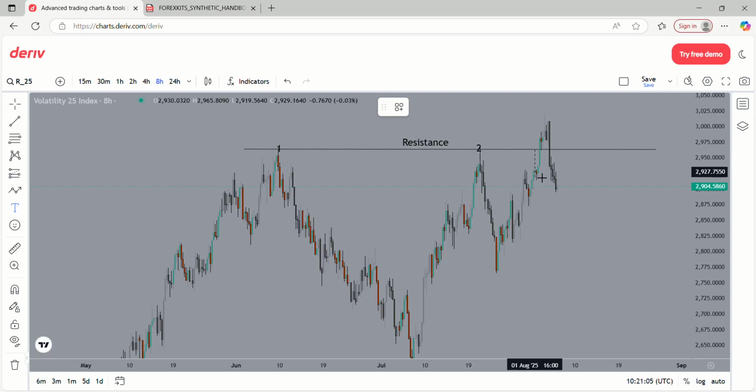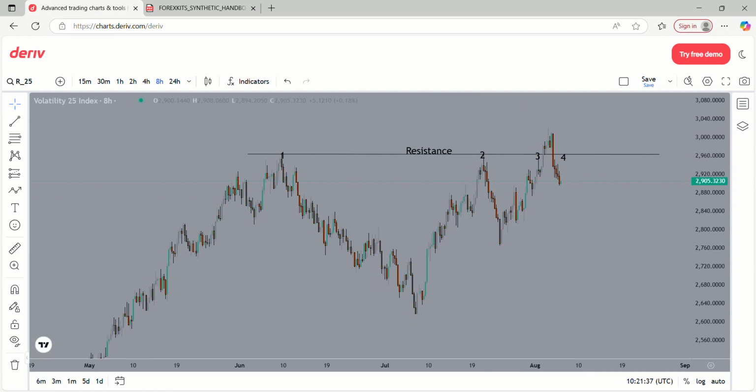It's like three touches, four touches. Market rejected, bounced back from this point, and still continued selling, broke out of the area and still came back again. So this is touch three, and then touch four. This one is four. So that is it about support and resistance.